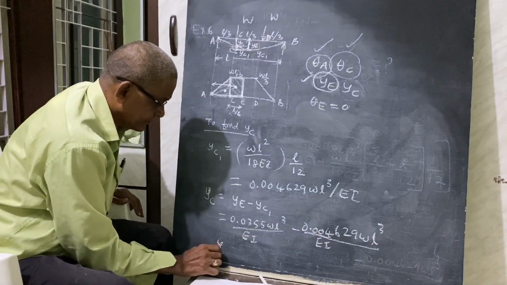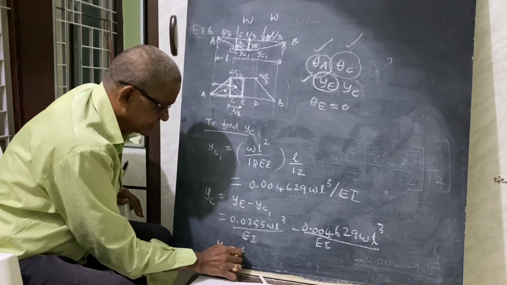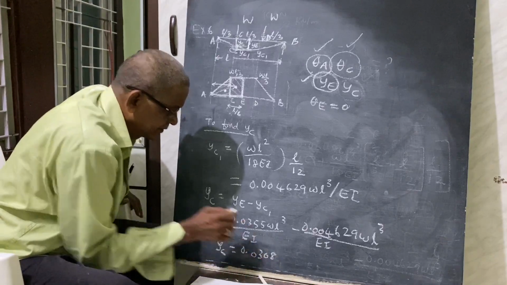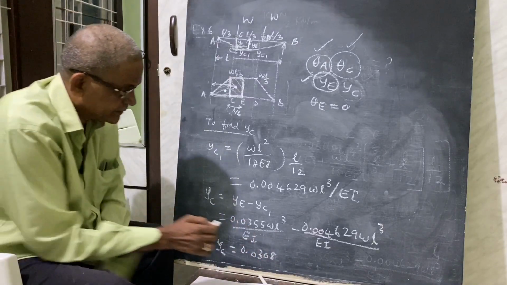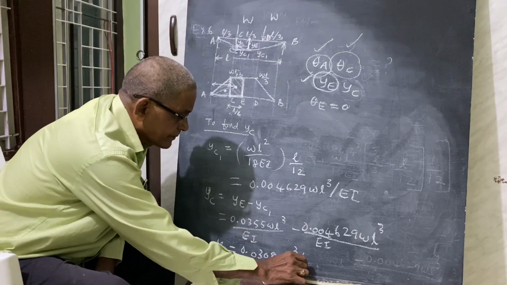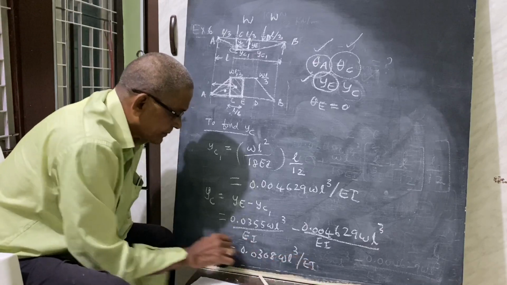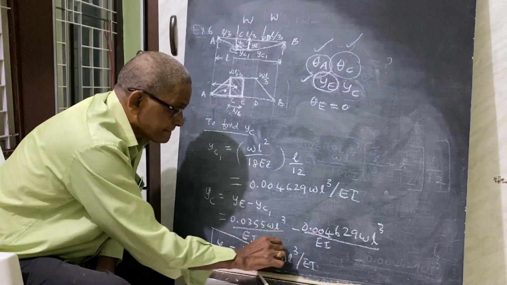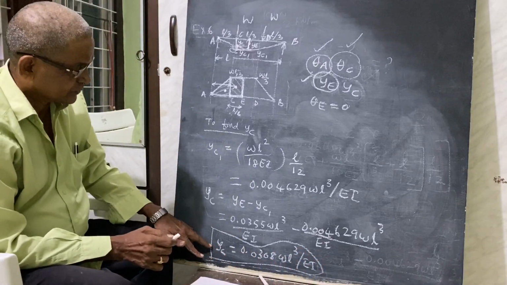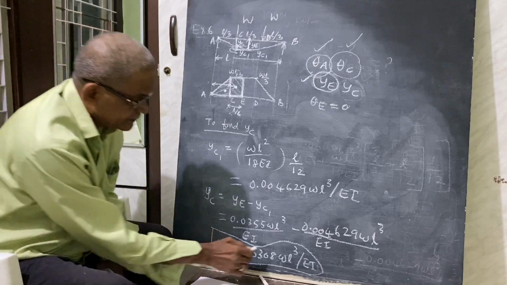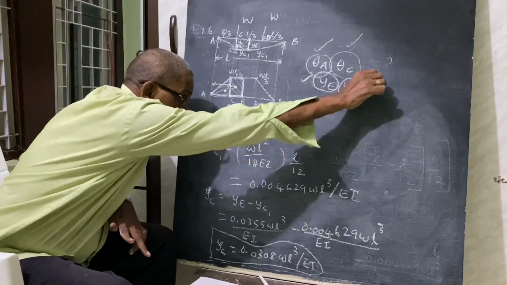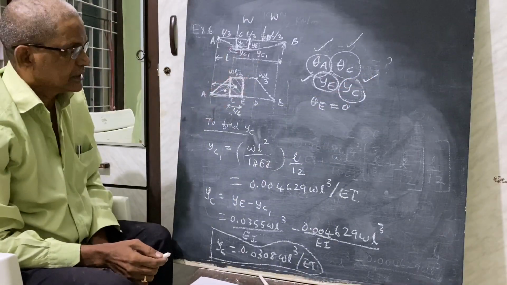And finally we have YC as 0.0308 WL cube by EI. So we have found YC also, equal to 0.0308 WL cube by EI. So we have found all the four things that we were asked for.